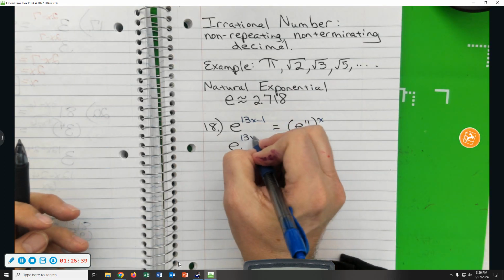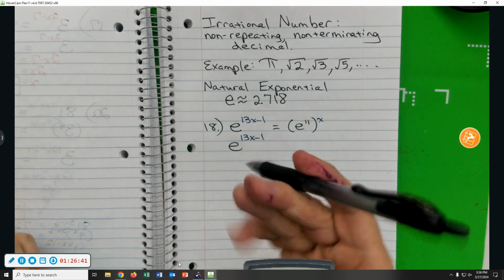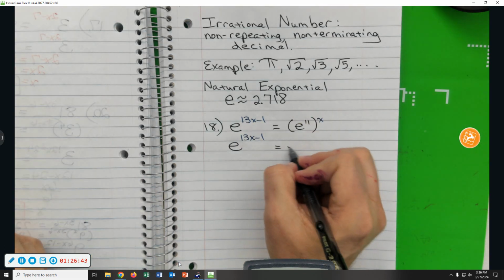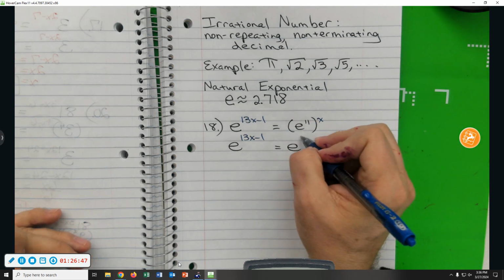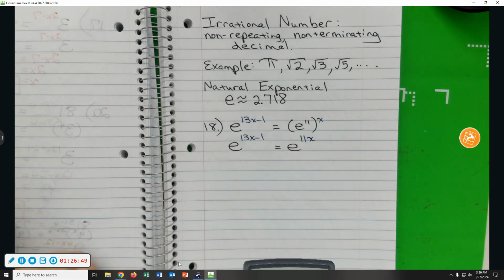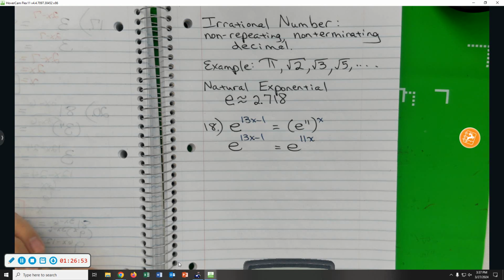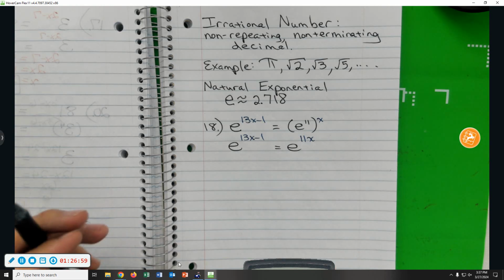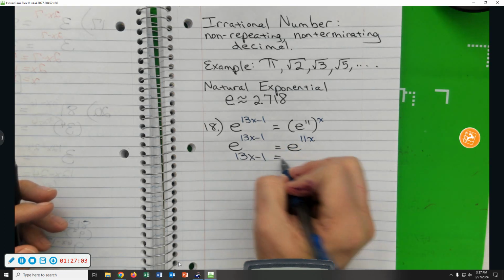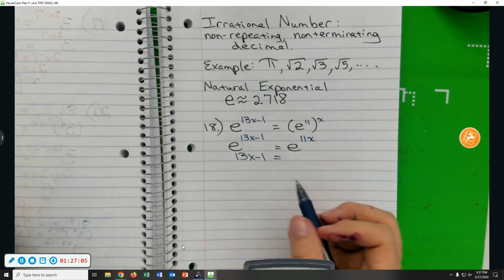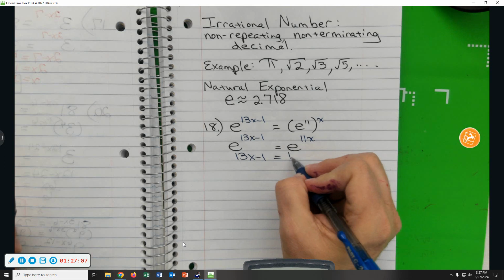Multiply. 11 times x is 11x. Now what do we do? Drop the base, set the exponents equal. So 13x minus 1 is equal to 11x.